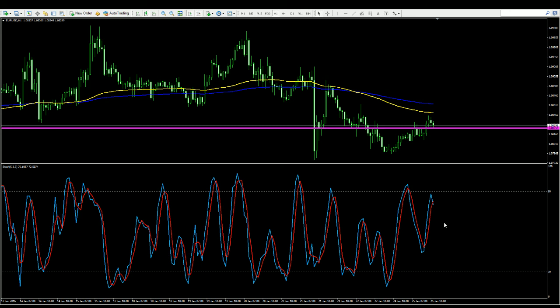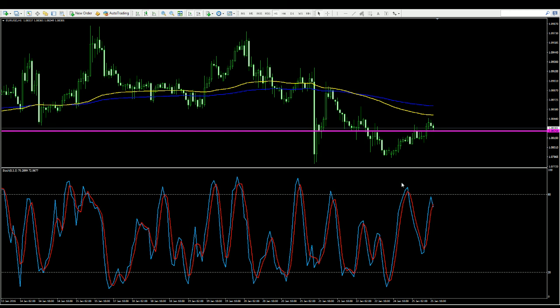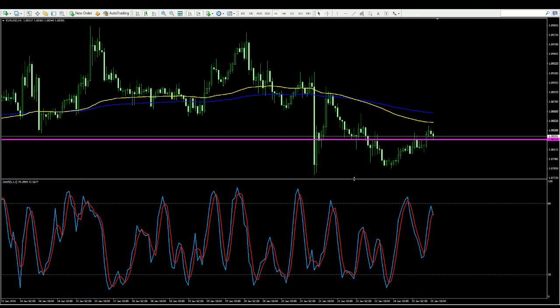So the stochastic tells you a few things. First of all, it tells you about the trend, except the overbought and oversold area as to where to enter the trade. It does also tell you if price is trending down or up, because if you look at, let's draw a trend line here.